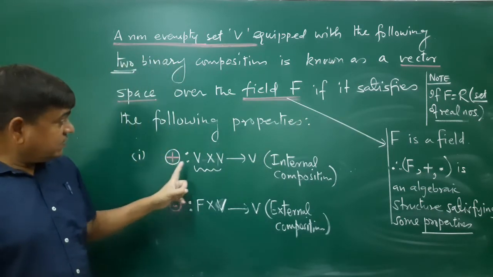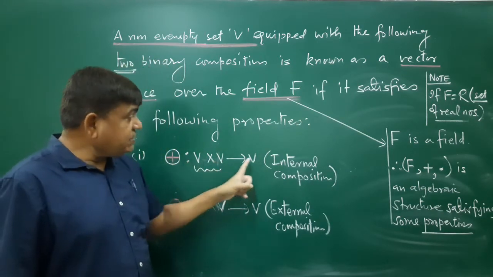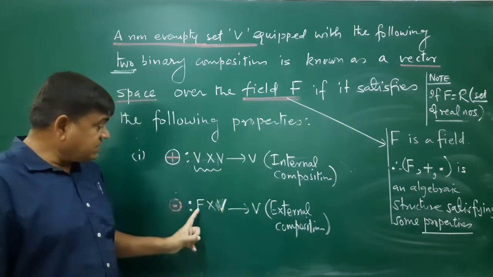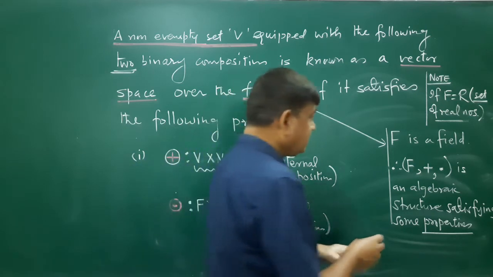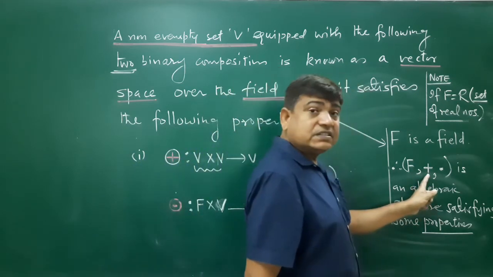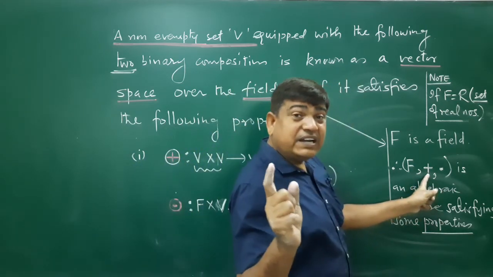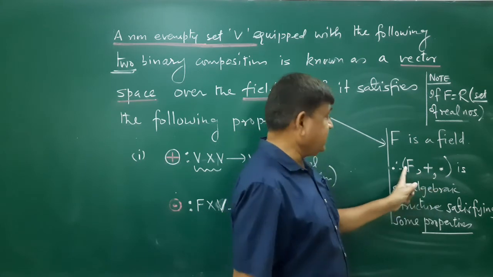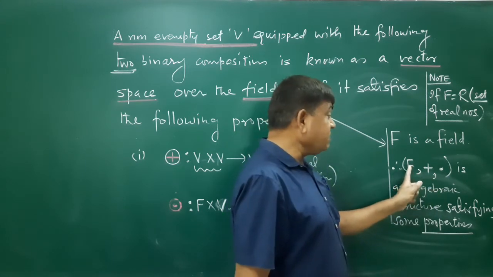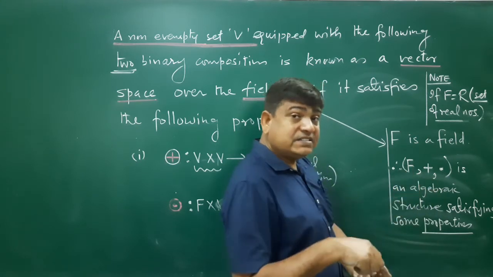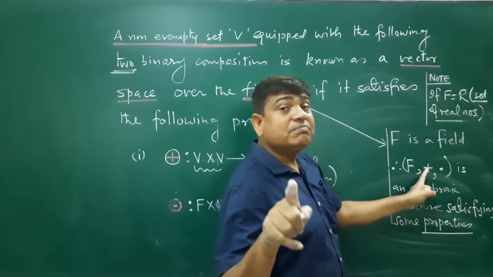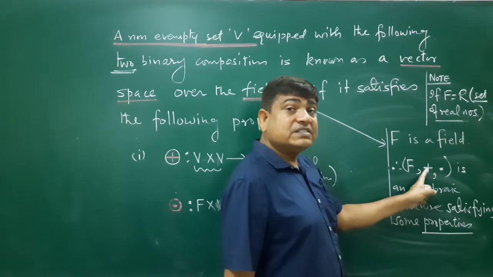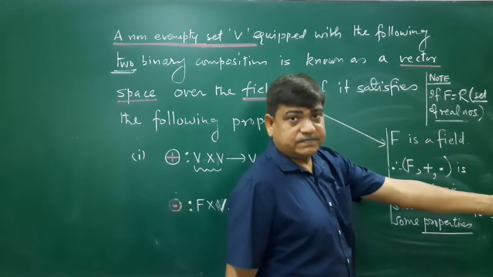So it is V cross V to V. It is F cross V to V. Here you see this plus means addition of two elements of F. Which type of elements? The set F has numbers. This is the sum of two numbers, so the sum of two scalars must be a scalar.